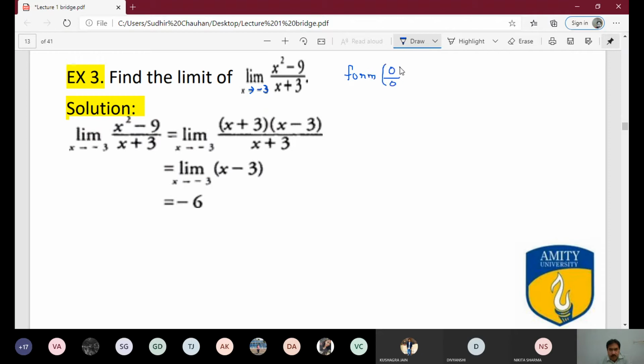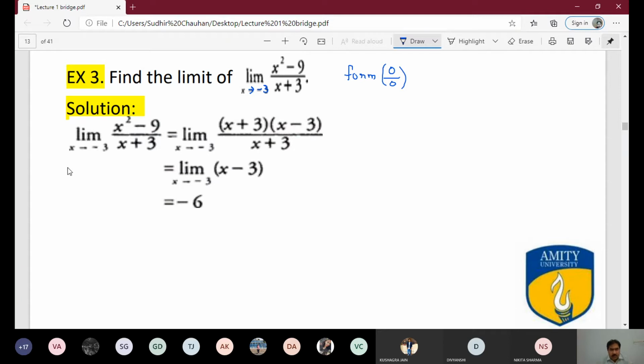Whenever we get the form 0 over 0, it is an indeterminate form, or we can remove this indeterminate form by making the factors of the expressions, and then check whether any common factor is there, which we can cancel out. So first we try to do the factors and then we check the common factors.